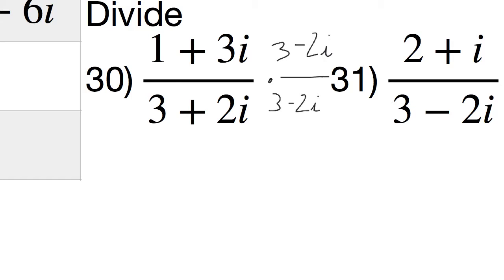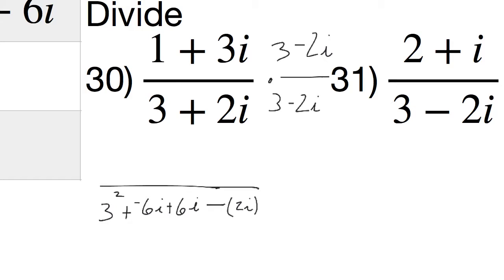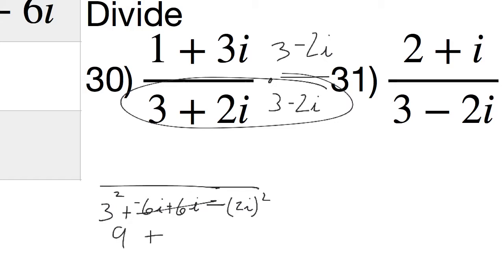Now when we multiply by the conjugate, this becomes 3 squared plus negative 6i plus positive 6i, minus 2i squared. We don't even need to figure out what those middle terms are, because when you FOIL conjugates, you just get first term squared and last term squared, and the middle terms cancel. So this is 9 plus 2i squared, which is 4 times negative 1, so it all becomes positive 4.